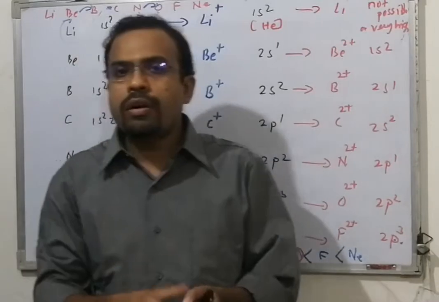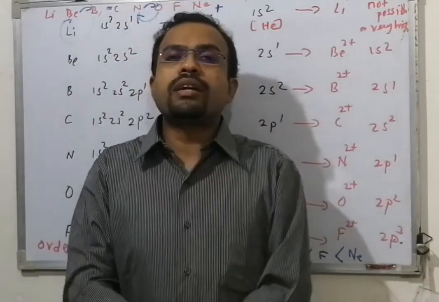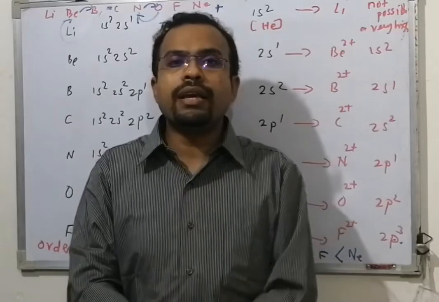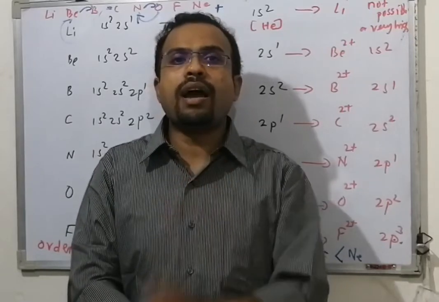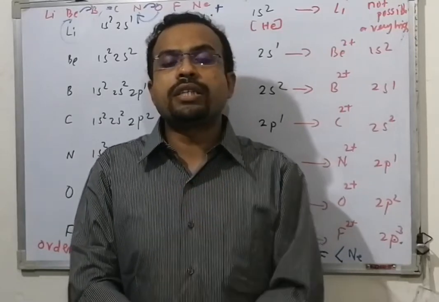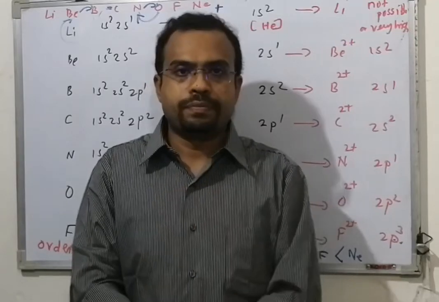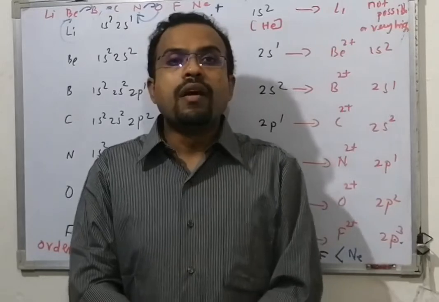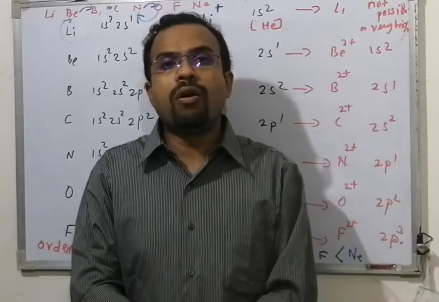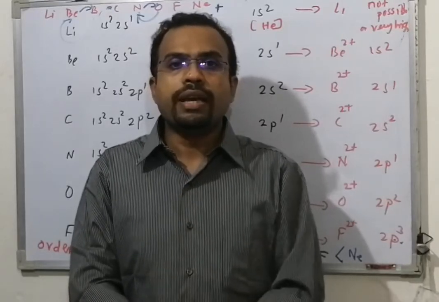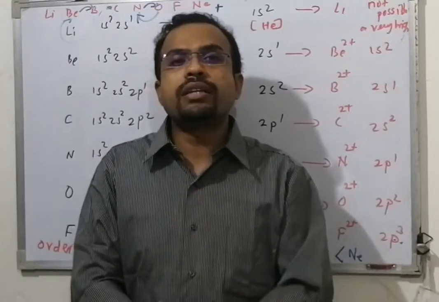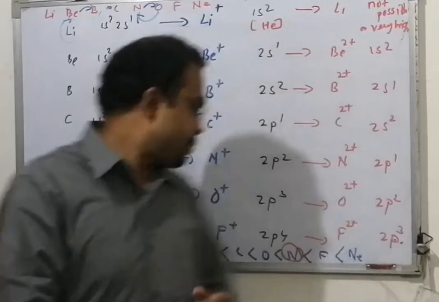Underline, please note down. First ionization energy of beryllium is greater than first ionization energy of boron. Note down again. First ionization energy of nitrogen is greater than first ionization energy of oxygen.